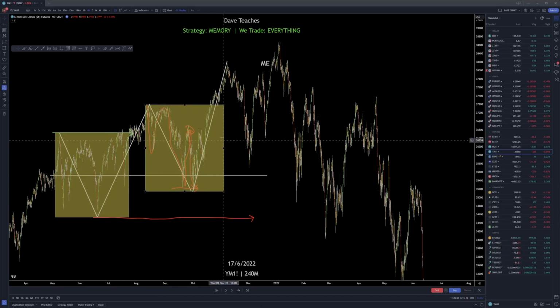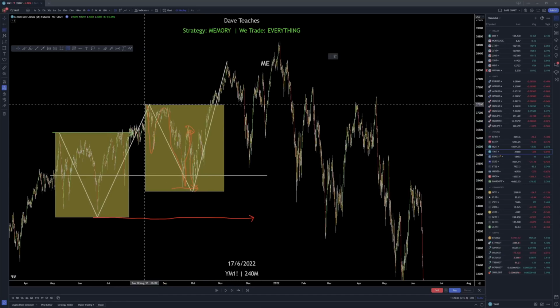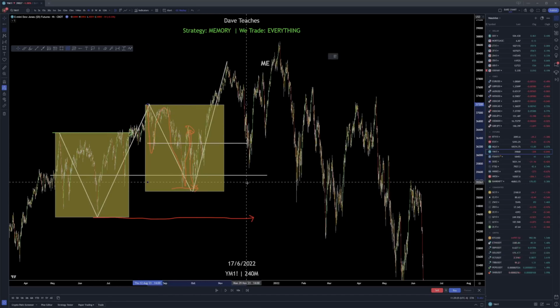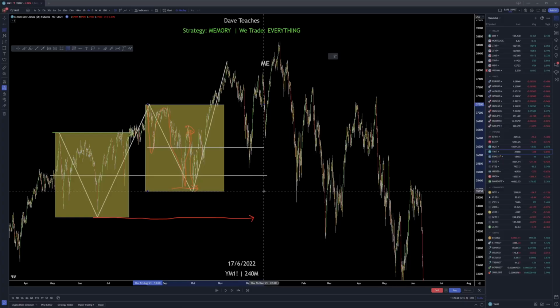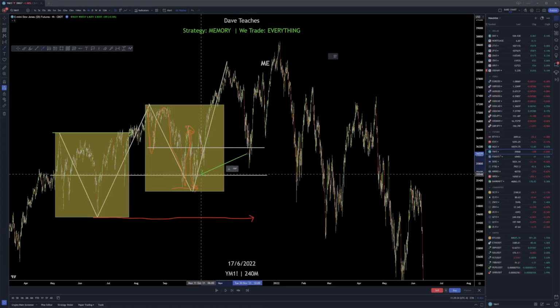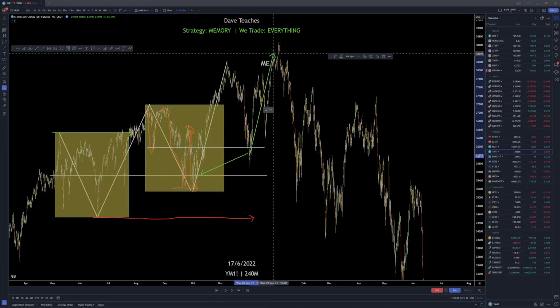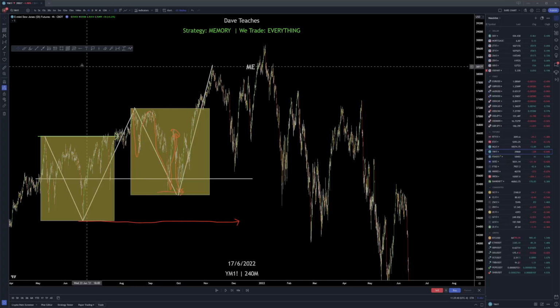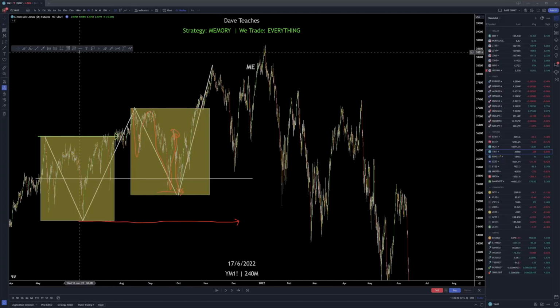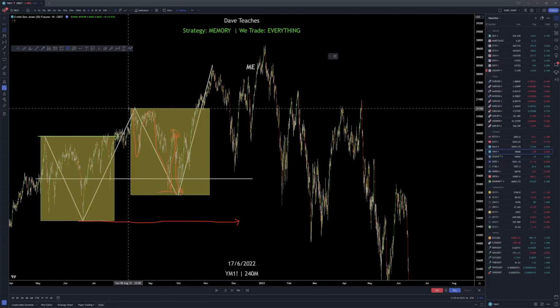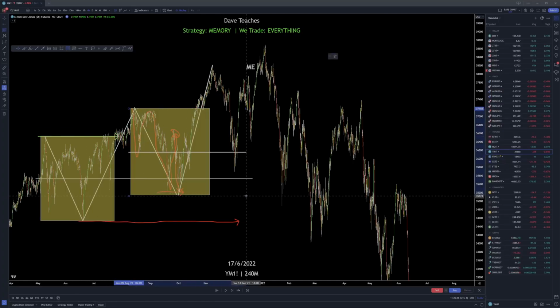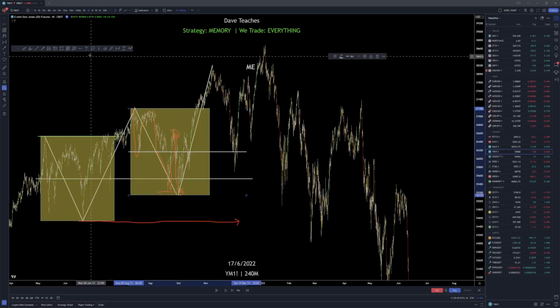So what do we end up getting across here? We end up seeing price tap back into the 50% there, right? Respects the 50%, which also respects the previous low, right? And you see price go to put in another high. So let me just keep it going.